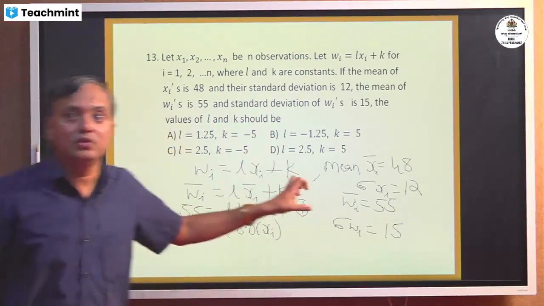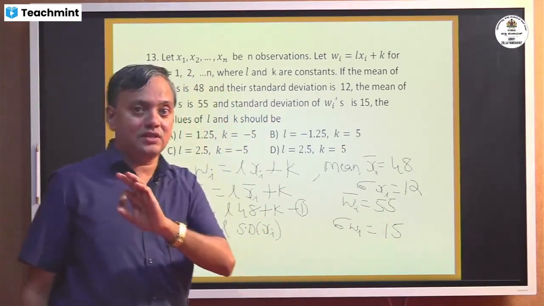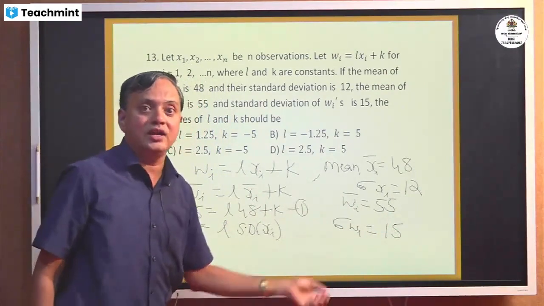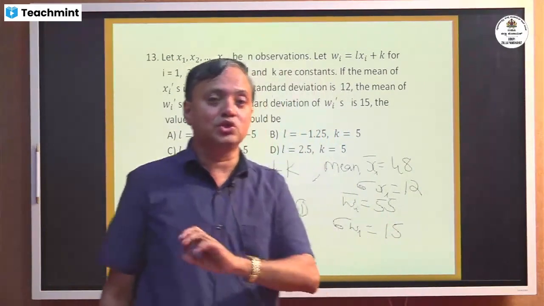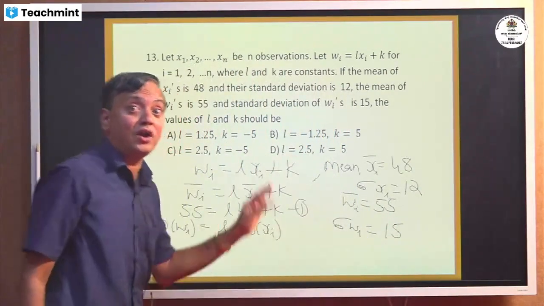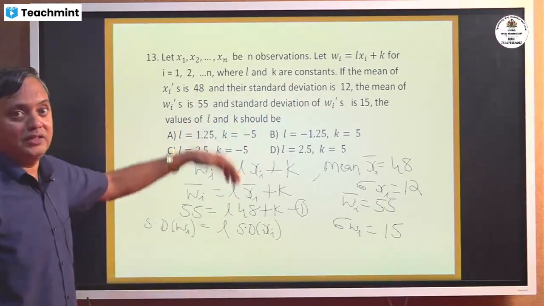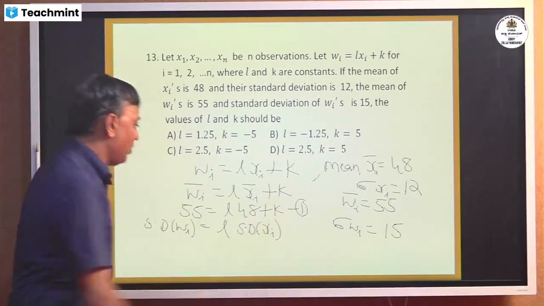Here, even if you do plus k, the standard deviation or variance does not change. If you add or subtract a constant to the observations, the standard deviation or variance does not change. If you multiply or divide by a constant, the standard deviation is also multiplied, correct? So here k goes away.